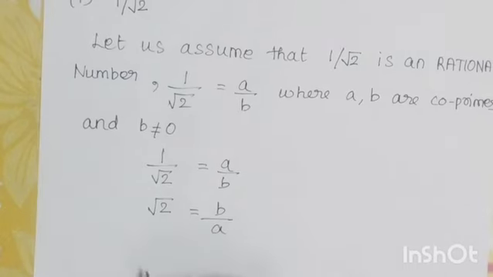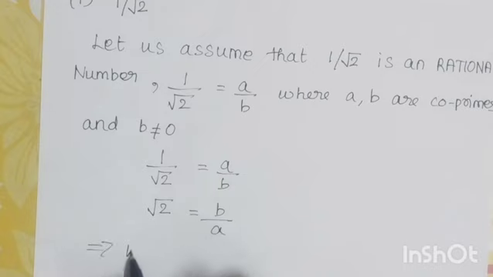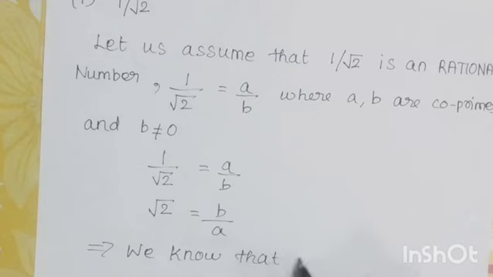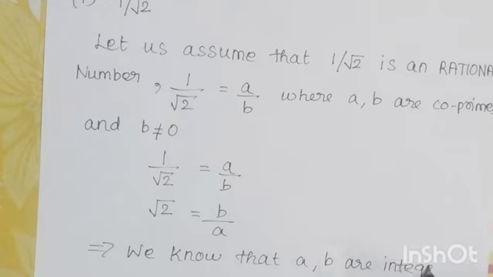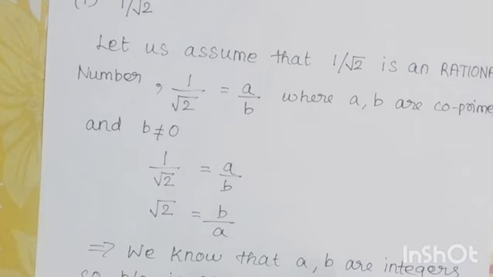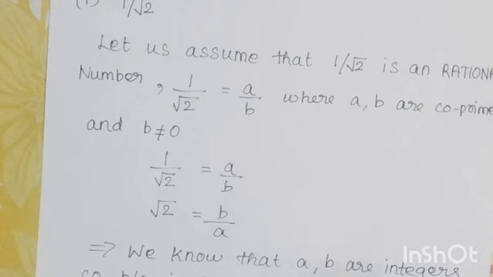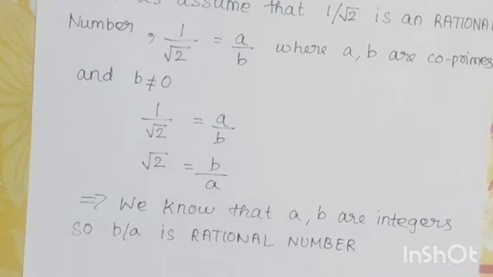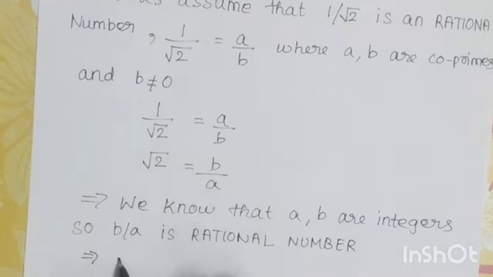So we know that a, b are integers. So b by a is a rational number. If the RHS of the equation is rational, then obviously the LHS will also be rational.